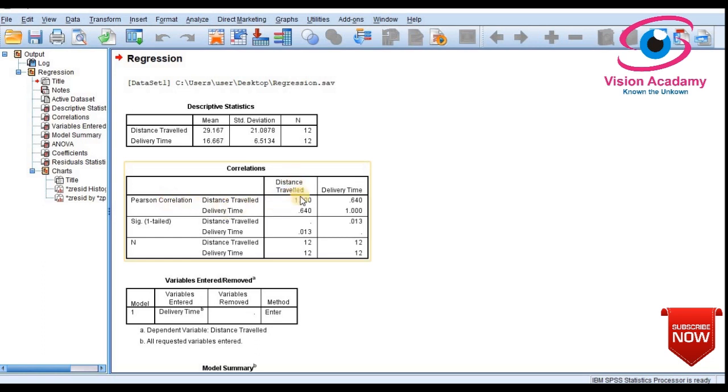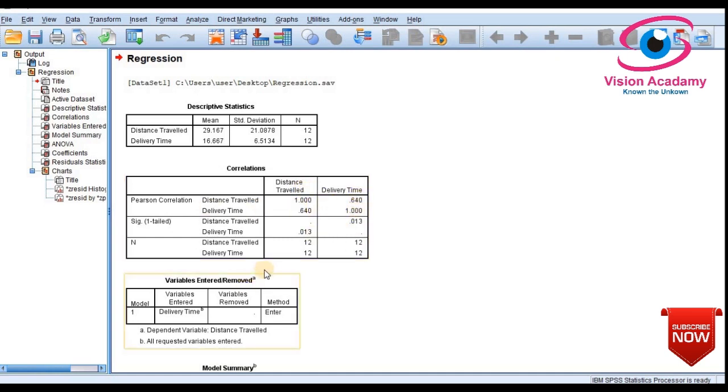Distance traveled to distance traveled correlates with itself, that's a perfect correlation, and distance traveled to delivery time is 0.640, which means there is a positive correlation between distance traveled and delivery time. So distance traveled will affect the delivery time. There is a relation established between distance traveled and delivery time.